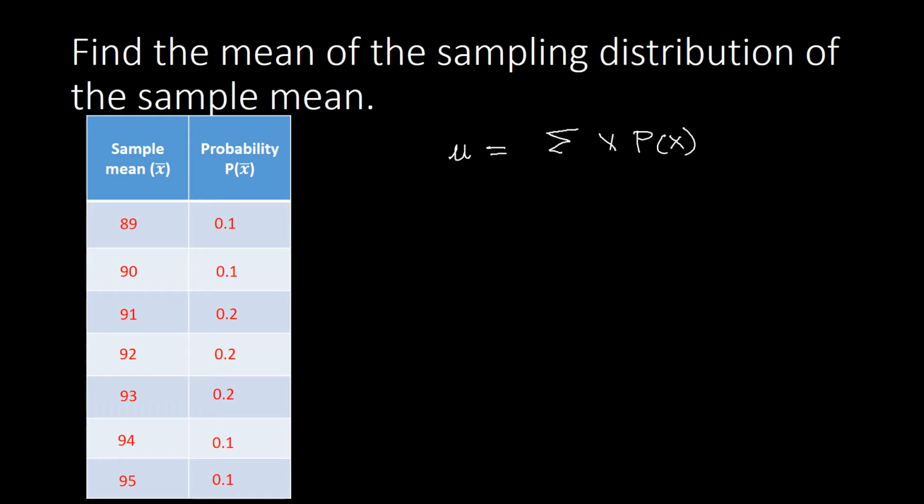But this time, since this is under the sampling distribution of the sample mean, we will be annotating that one with the x bar. That will be the symbol for your mean on the sampling distribution of the sample mean. So of course, your x there will be with x bar as well.